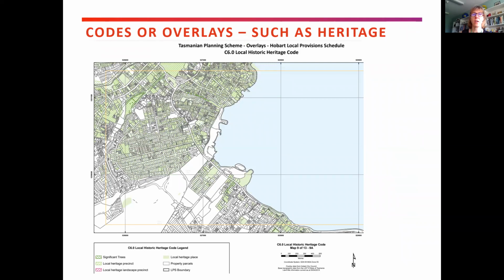And to the north of that, you'll see lots of green because there's local heritage precincts, local heritage places. There are some significant trees, quite a lot of green, which you would expect in this oldest part of Hobart, that is Battery Point and the inner part of Hobart.